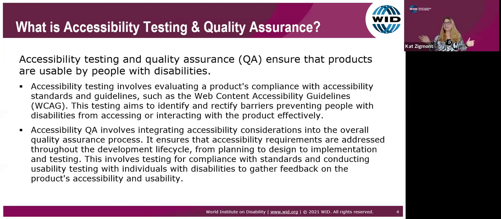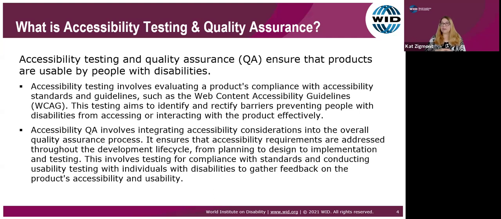So our topic for today is accessibility testing and quality assurance, and I wanted to start with the basic definitions or the difference. Accessibility testing involves the evaluation of a product and compliance and testing pieces of that, where accessibility quality assurance is the full process of evaluating the design from ideation all the way to putting it at the market and then continually improving your product, right?